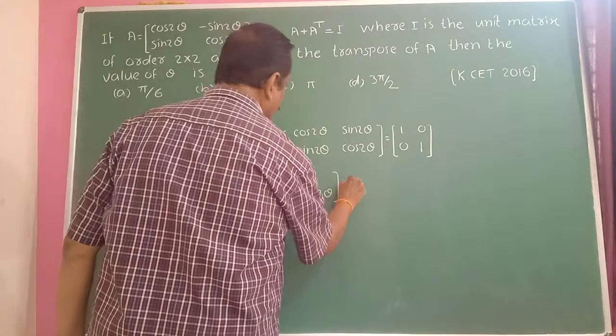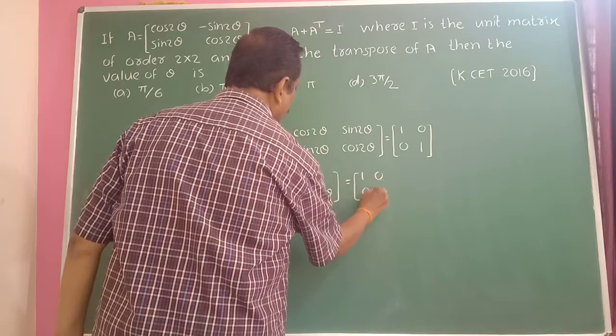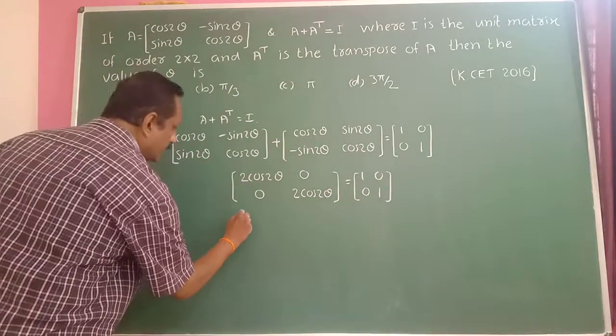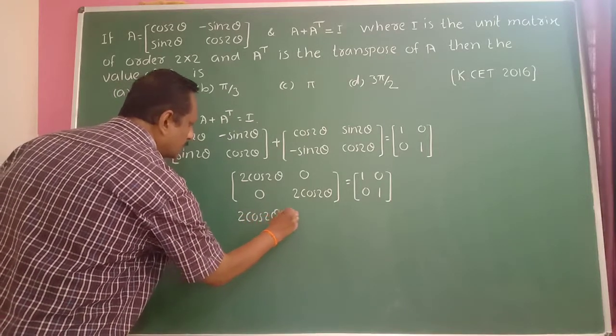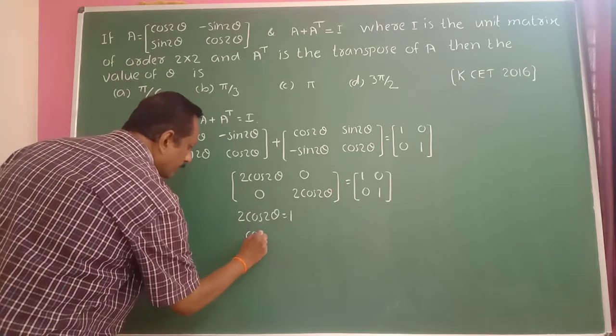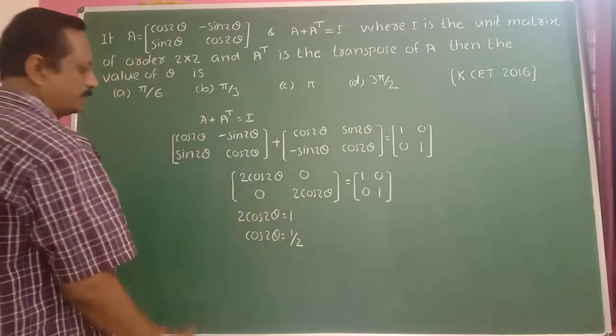That is equal to [1, 0; 0, 1] here. Then equating the corresponding elements here, 2 into cos of 2 theta is equal to this 1 here. Take to the right hand side, cos of 2 theta is equal to 1 upon 2.